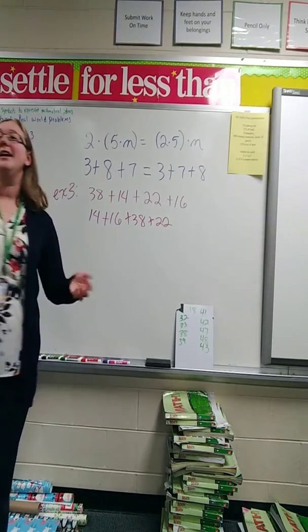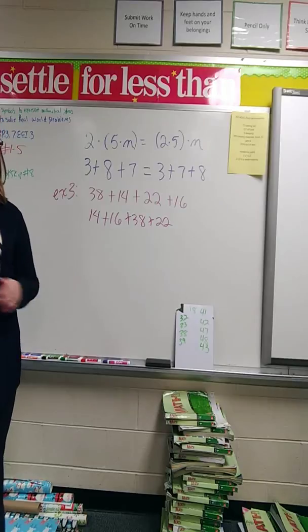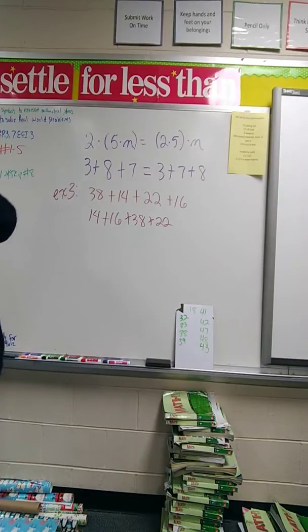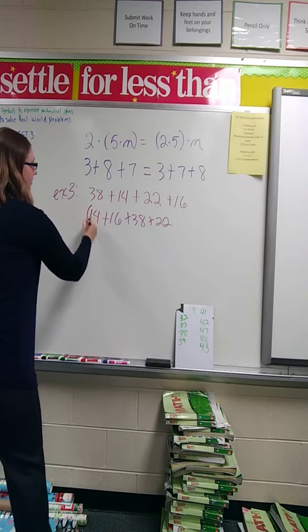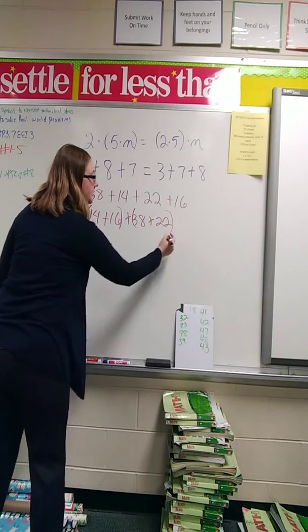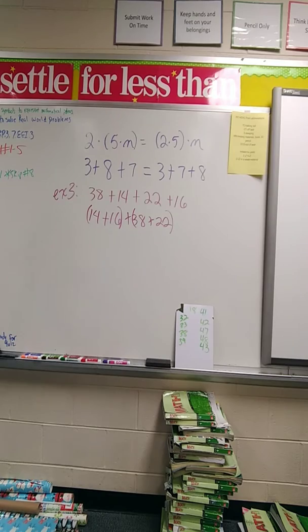Then I'm actually going to use my associative property too, because that says I can group things together however I want, right? So can I break this down and add parentheses here to group this? What's 14 plus 16? 30.